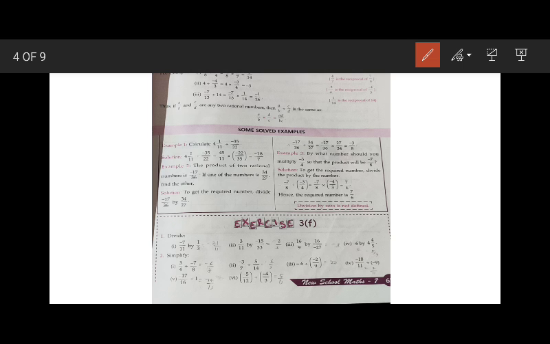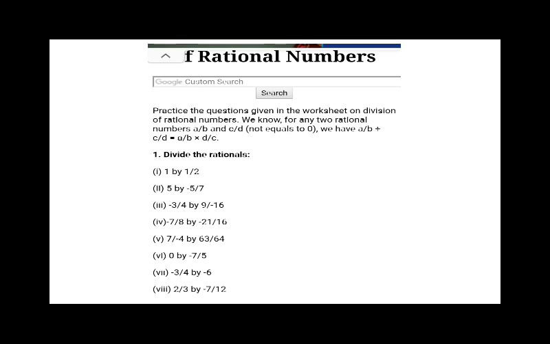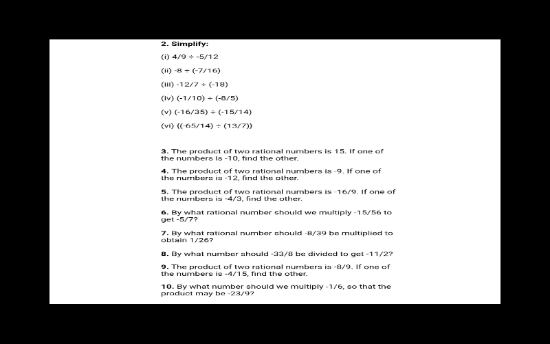Then do the exercise. If any doubt, you ask me. I have given some extra questions. Write these questions in your revision note and try to solve them. If any doubt, you can ask me through my personal WhatsApp number.